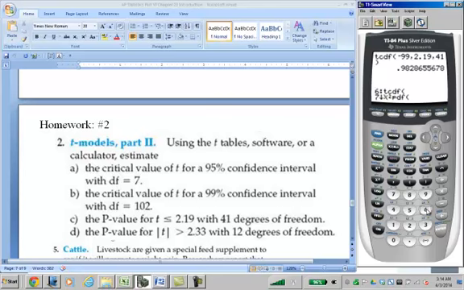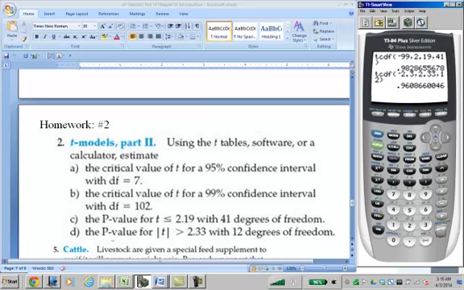Okay, now if you have inverse t, let's do A and B using inverse t. That's going to be second, vars, and then inverse t number 4. Now inverse t goes from the left-hand tail to the right. We want a 95% confidence interval, so we want to go to the end of the tail, which is left by a 95% confidence interval, which is 2.5%.